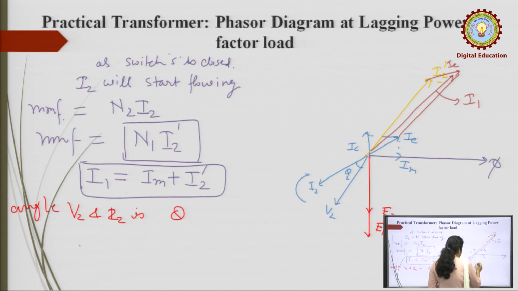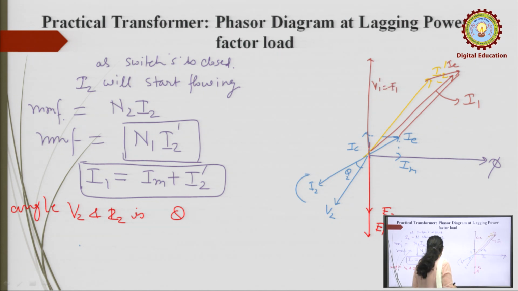Now, take V1 dash. Suppose this is V1 dash, which is equal to minus E1. Okay.